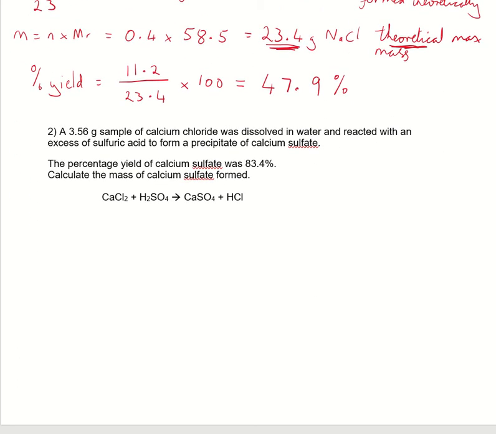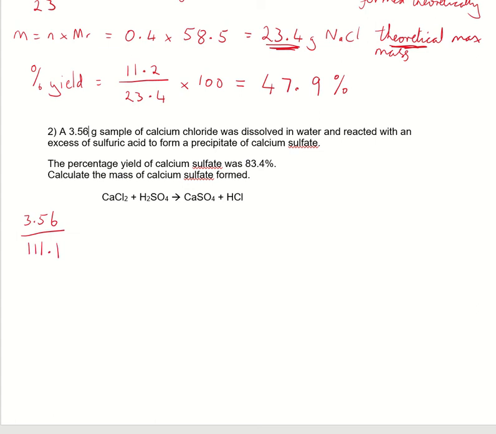Let's start this. So 3.56 grams of calcium chloride. First thing I'm going to do is find out how many moles that is. So 40.1 plus 35.5 times 2 gives me 111.1.